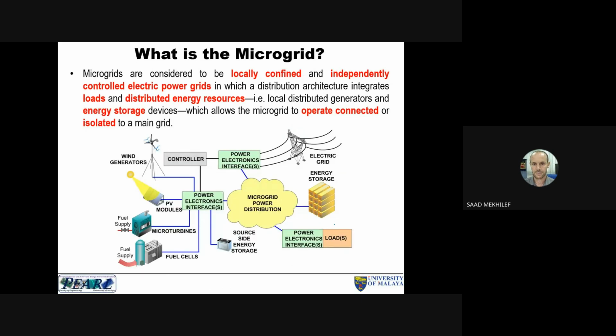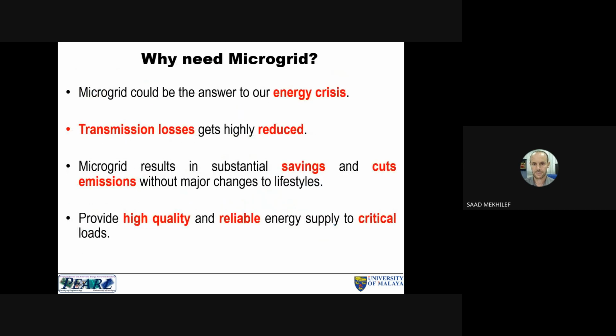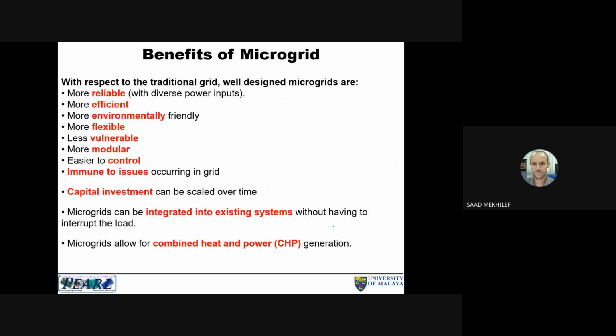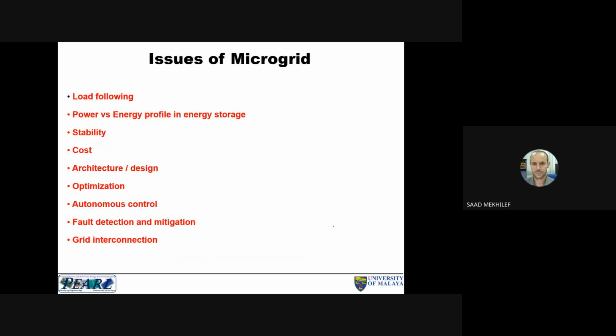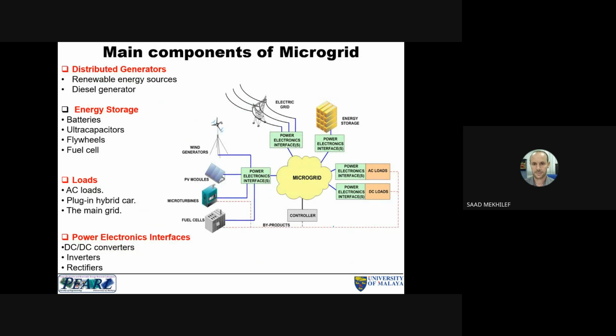Then we defined what a microgrid is, the issues and why we need a microgrid, the benefits of microgrids, some of the issues of microgrids, where microgrids can be installed, and the main components of the microgrid. I think that's where we stopped yesterday.